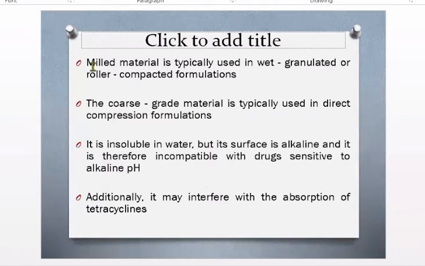When we talk about the milled material, this has a smaller particle size distribution. The coarse grade has a higher particle size distribution. It is insoluble in water. Its surface is alkaline and is therefore incompatible with drugs sensitive to alkaline pH.